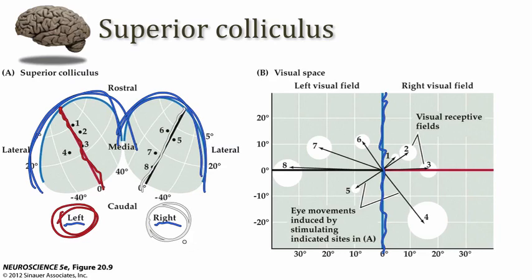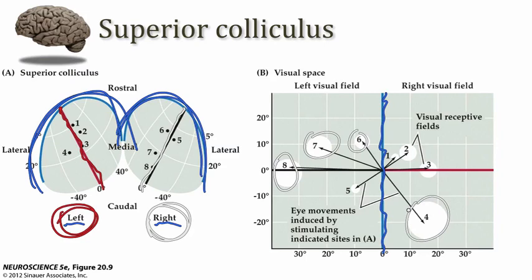And if one were to make a recording from different locations in the left and right superior colliculi, one can define a visual receptive field. And that's what's been done for these sites labeled 1 through 8. And these visual receptive fields are indicated by these white regions in the plot here to the right.